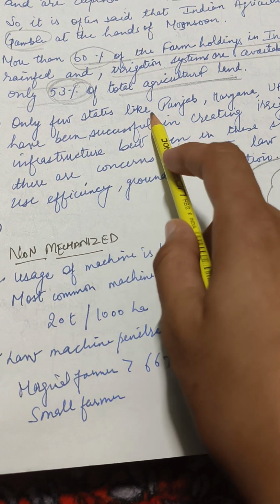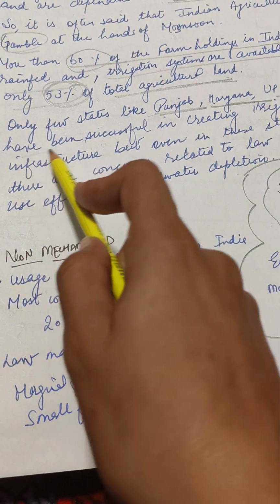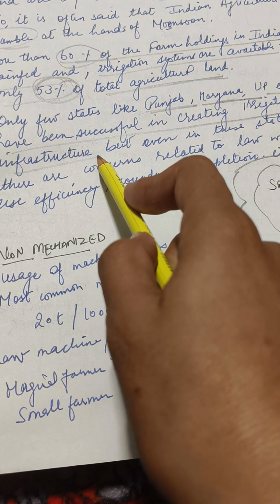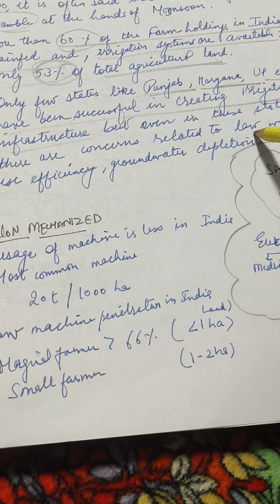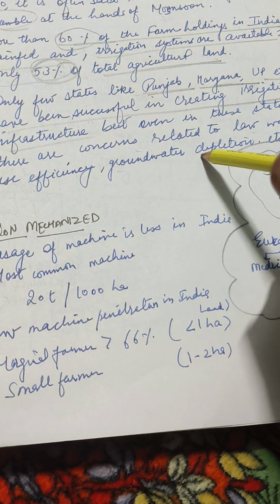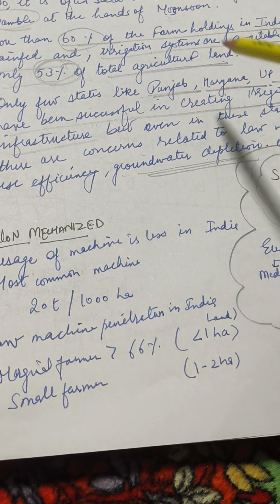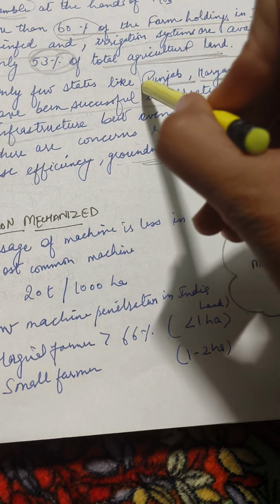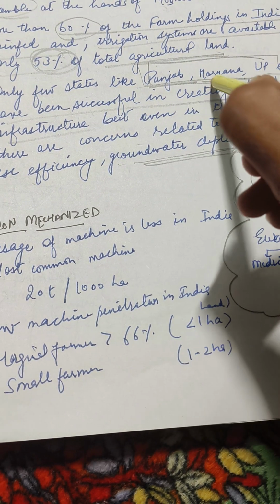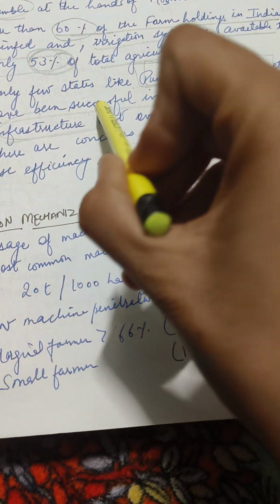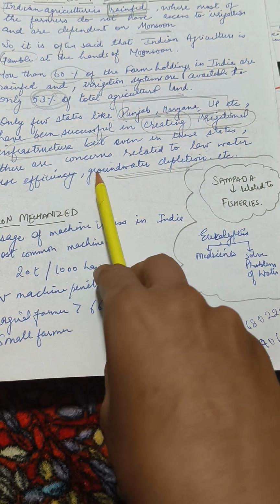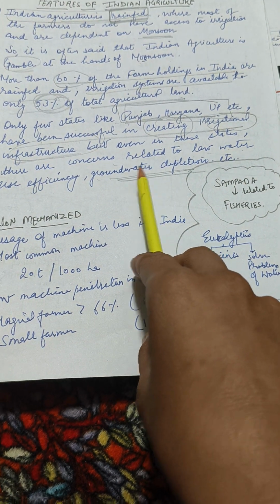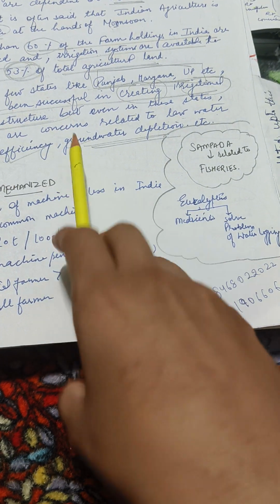Only a few states like Punjab, Haryana, UP have been successful in creating irrigation infrastructure. But even in these states, there are concerns related to low water use efficiency and groundwater depletion.